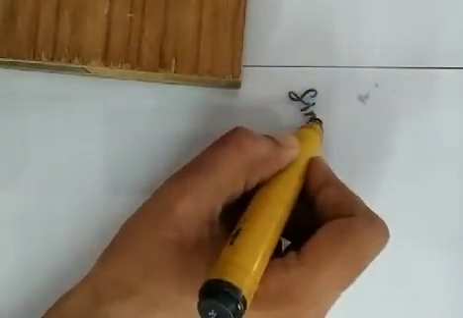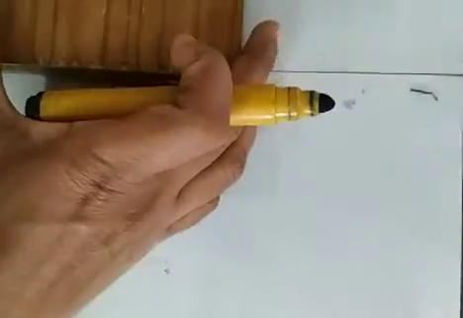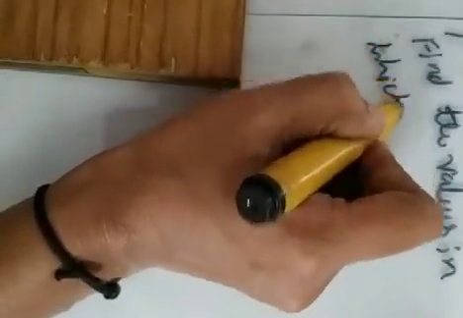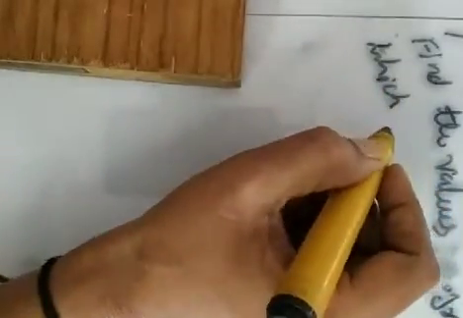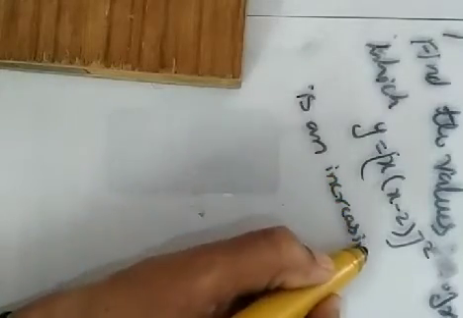Next, find the values of x in which y is equal to x into x minus 2 the whole square is an increasing function.